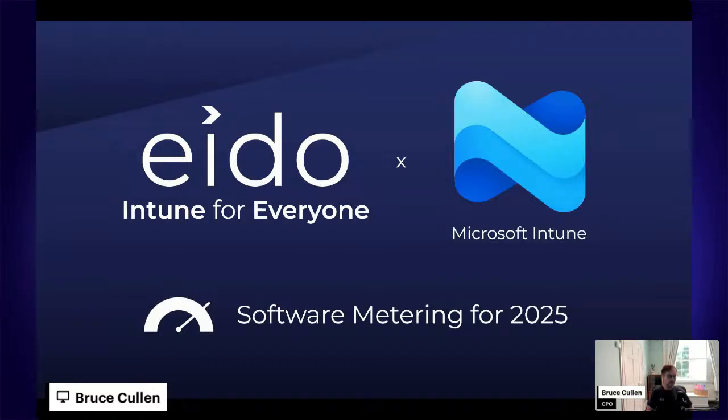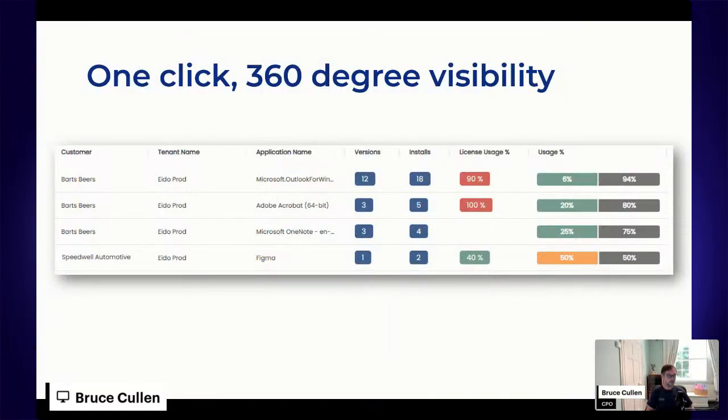Modern and based on top of Microsoft Intune. The idea is that with a single click, we can give you 360-degree visibility of all of your software and, of course, who's using what, which is super important.